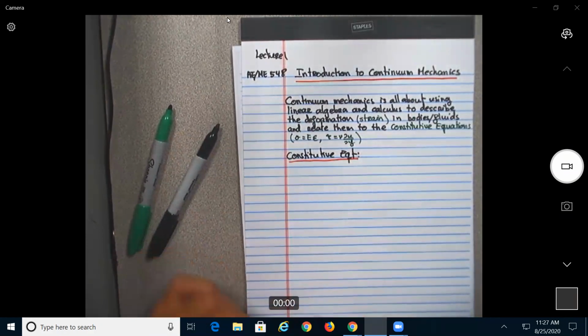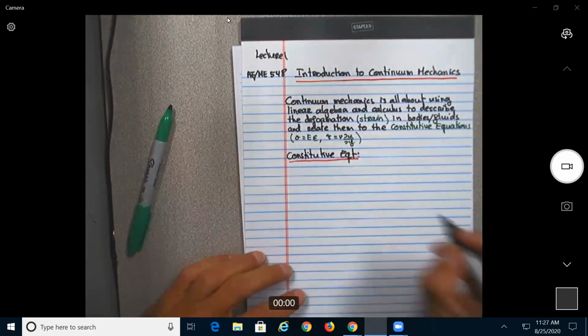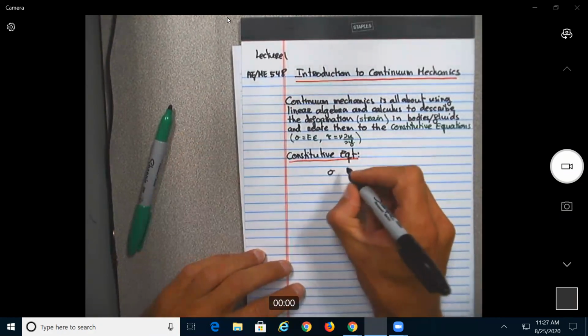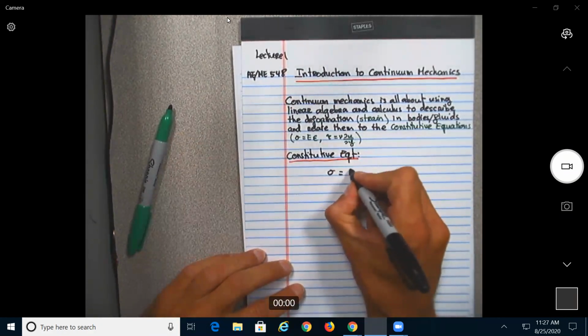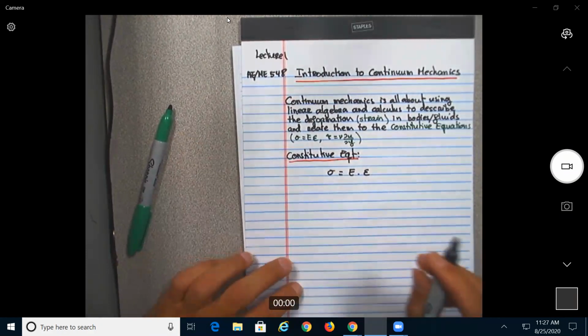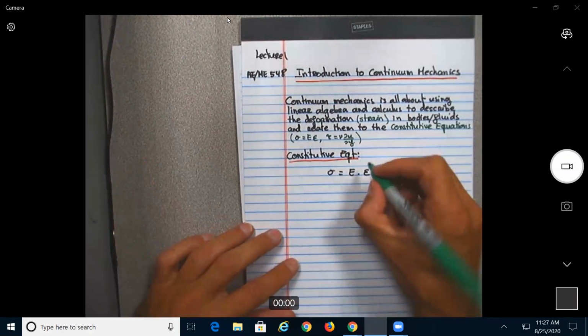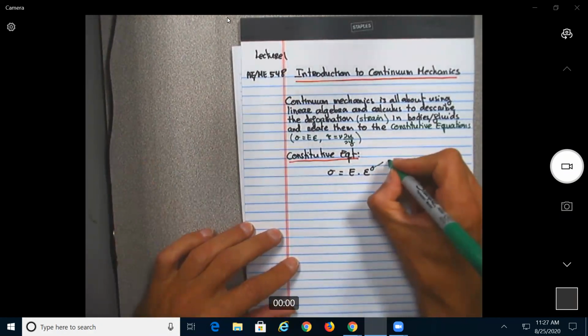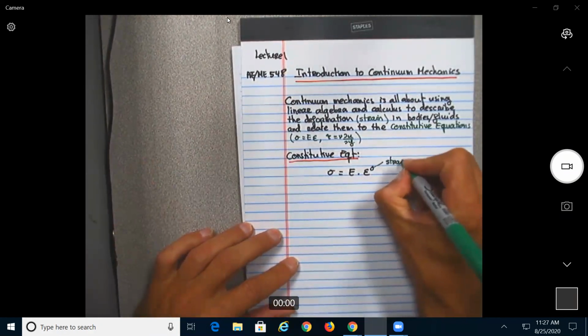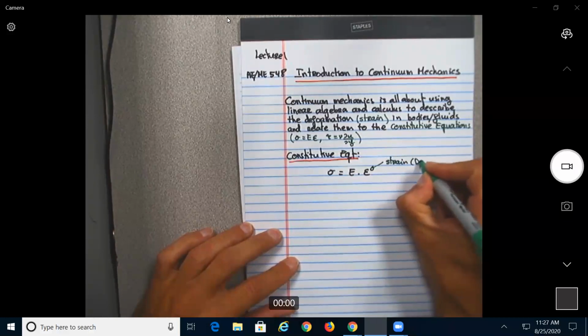To come up at the end of the class, we'll be doing this. So for example, for solid bodies, we say you have the stress equal to the Young's modulus times the strain. So we just say over here that the strain will be related to the deformation.